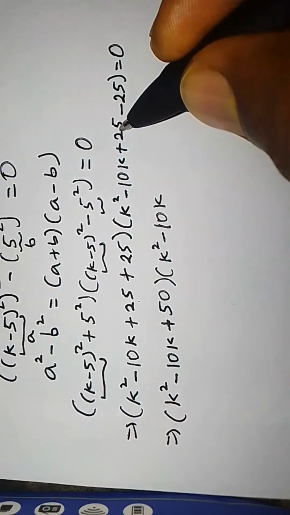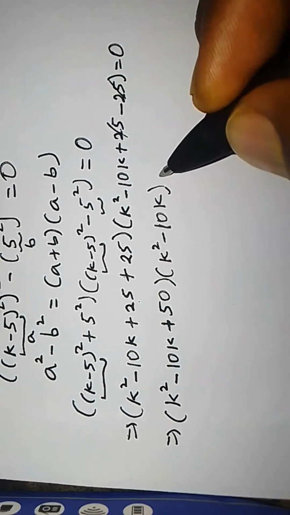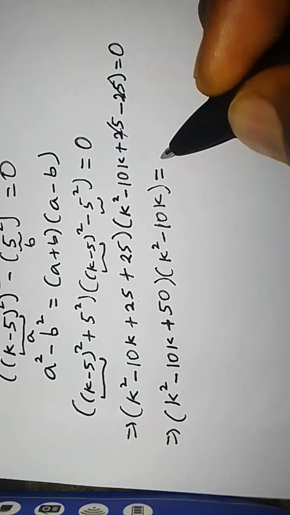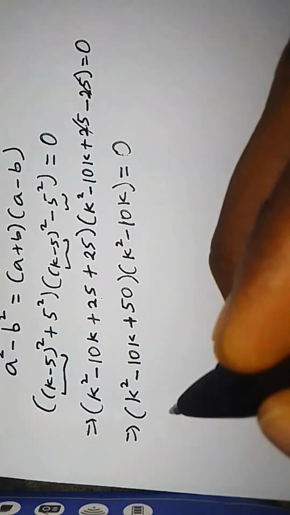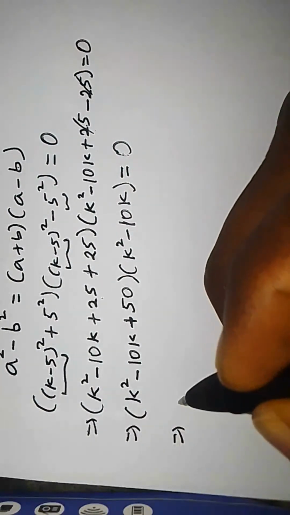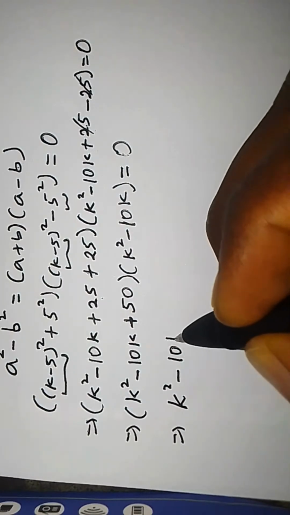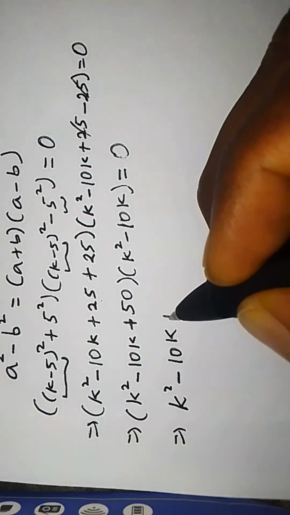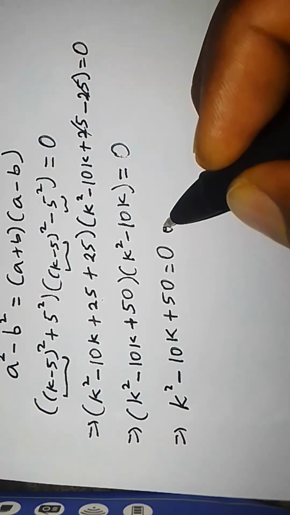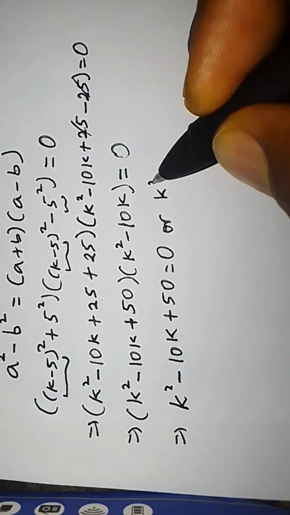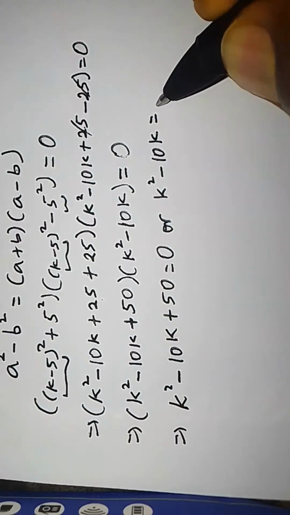Clearly 25 minus 25 goes, so close the bracket, equal to 0. This means that k squared minus 10k plus 50 is equal to 0, or k squared minus 10k is equal to 0.